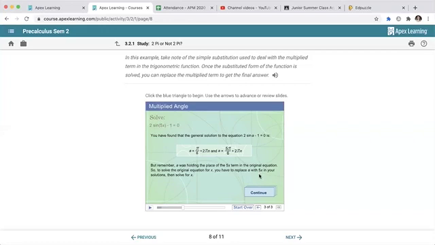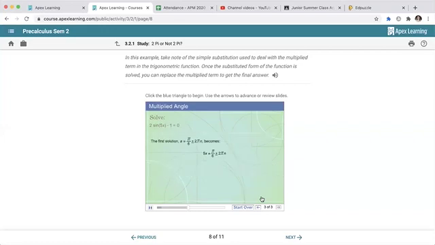Once we've figured out what a is equal to, we have to replace a with 5x in our solution and then solve. If we replace our a here with our 5x, we can then solve for x. So we divide both sides by 5, and this is what we're left with: pi over 30 plus or minus 2 pi over 5 n.